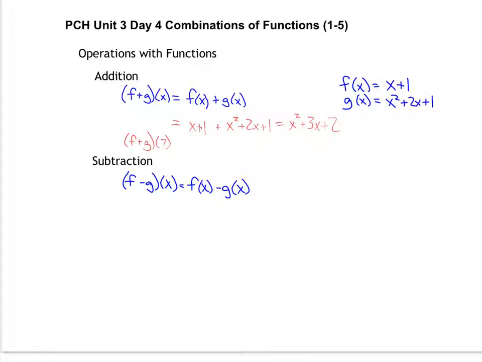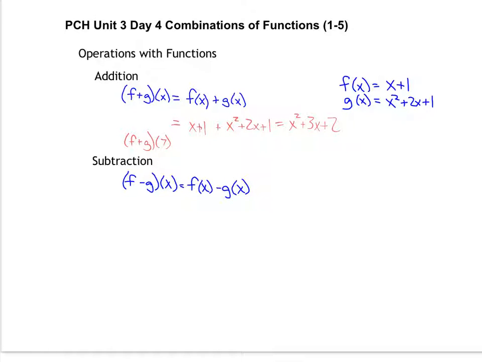And I would do 8 plus 64 and get 72. Or I could plug 7 into this result: 49 plus 21 is 70, plus 2 is 72. So if you're asked to evaluate like this, you have the choice.